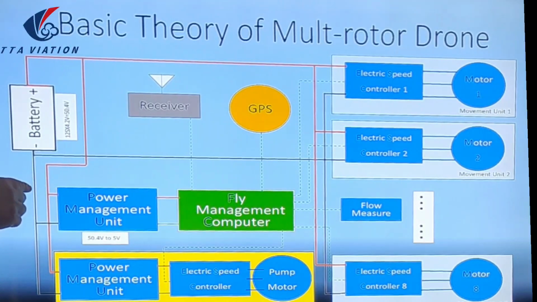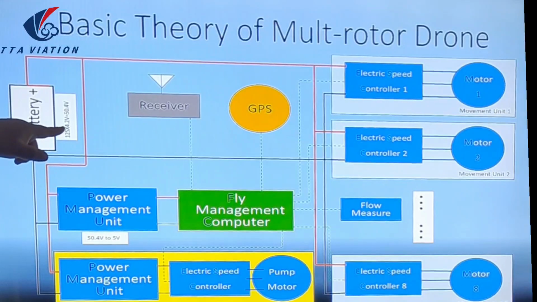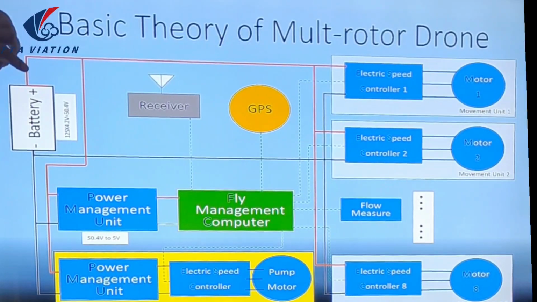So this battery's output voltage between the positive and negative is 12 multiplied by 4.2, which is 50.4 volts. That is a very high voltage.